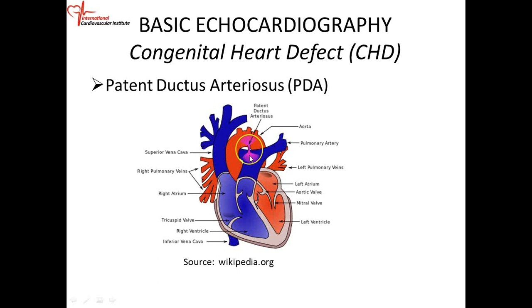As mentioned before, in the developing fetus it's an important communication because the lungs are not expanded, and you need blood flow to the lungs. But at birth, it normally closes. But sometimes it remains open, and that's when we call it a patent ductus arteriosus.